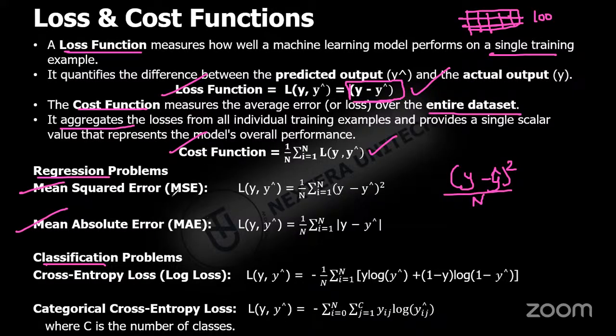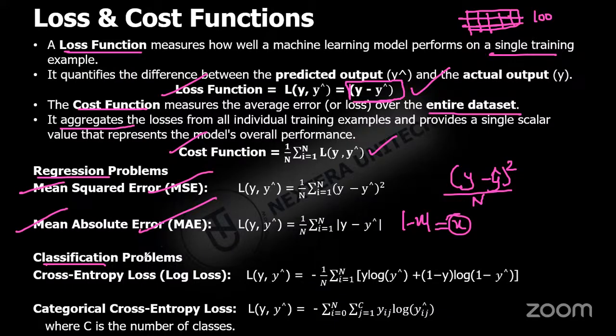So that becomes mean squared error. One more metric that we have under regression problems is mean absolute error. Instead of squaring these errors, calculate the absolute value. The mod of minus x is x, so even if the error is negative, you'll get a positive error. So either I can go with mean squared error or mean absolute error.